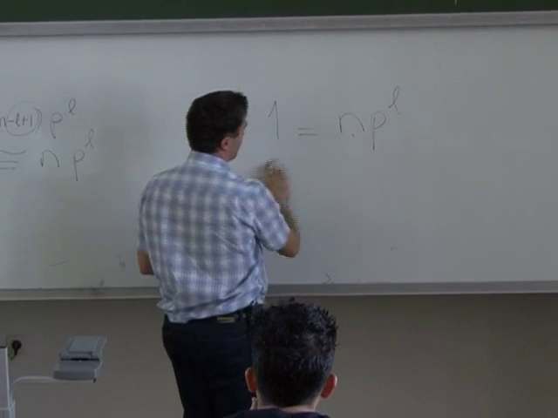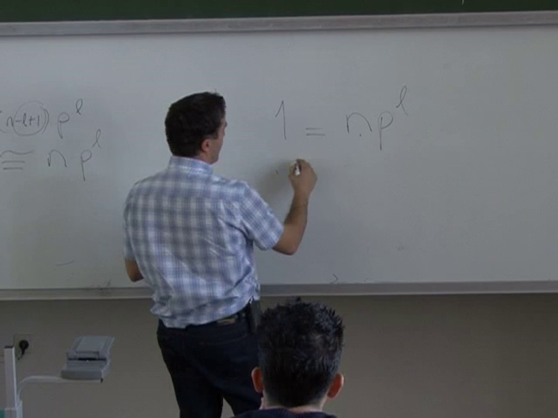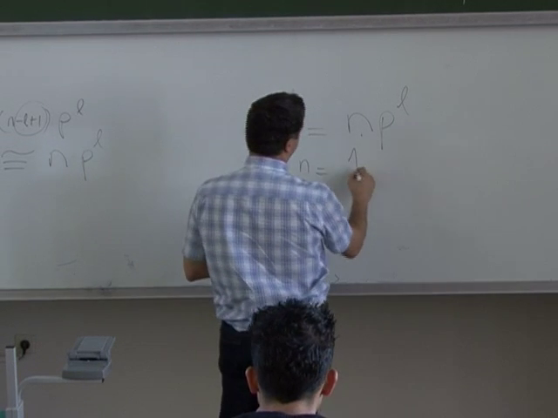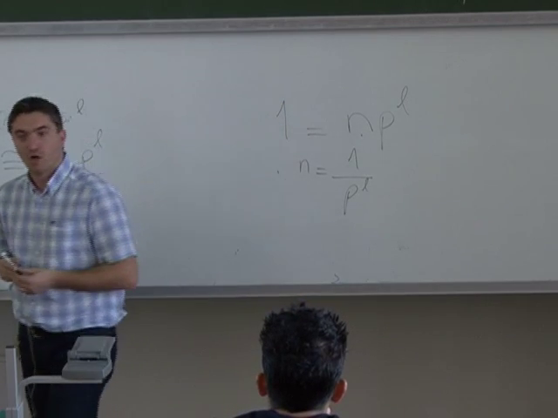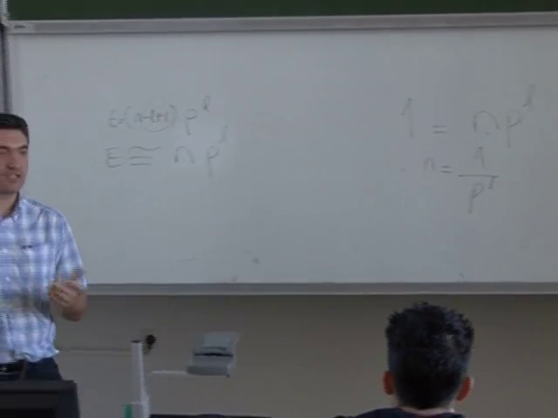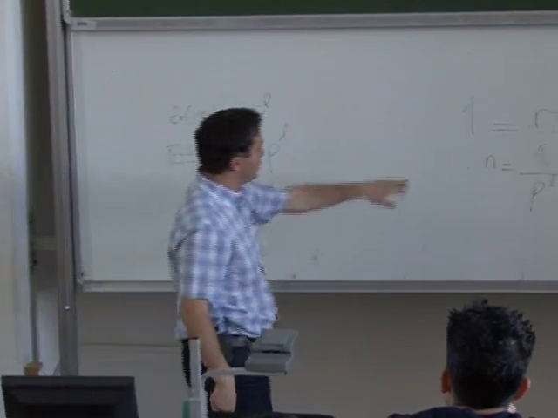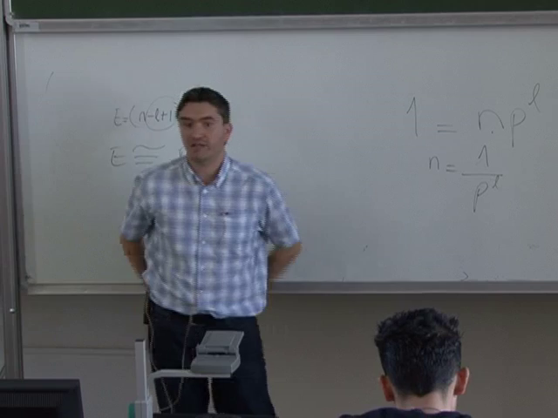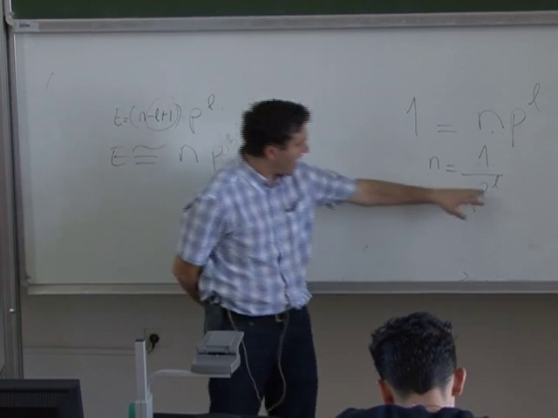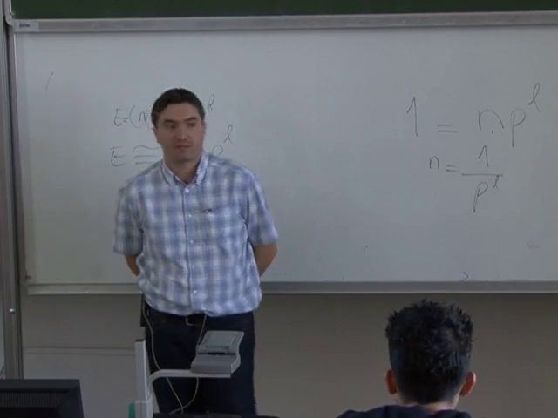So in that case, this is trivial: n is going to be 1 over P to the L. If you want to observe 5 heads in a row once, you need to throw this many coins so that observing L heads in a row is something expected.